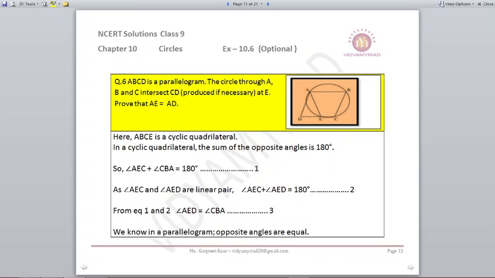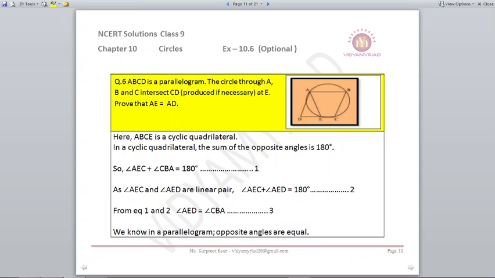And if we look at E point, your E lies on DC, and if I take AE as transversal, there are two angles formed, so I can use linear pair property, which means angle AEC plus angle AED will be equal to 180 degree because of the linear pair. So from both the equations we can come to know that angle AED is equal to angle CBA.